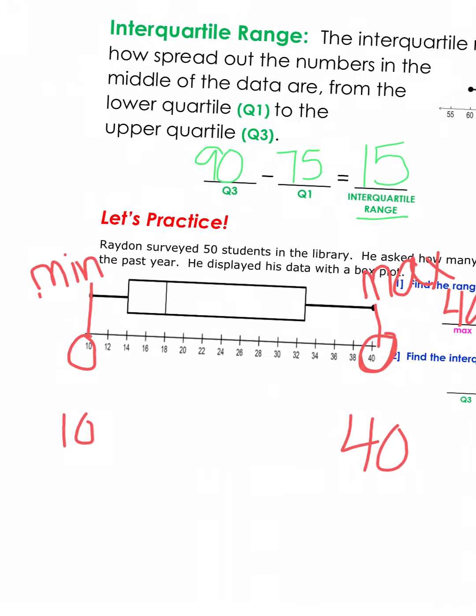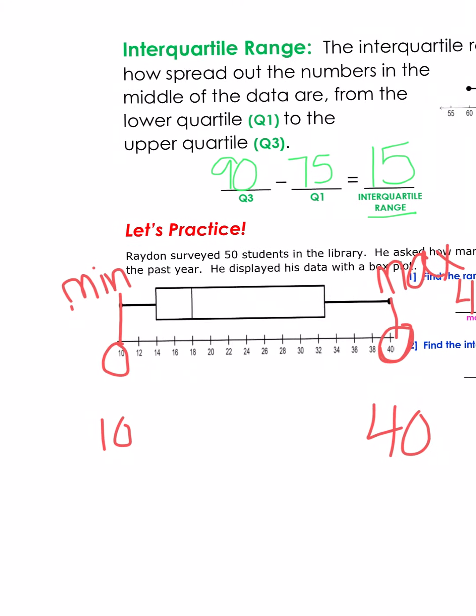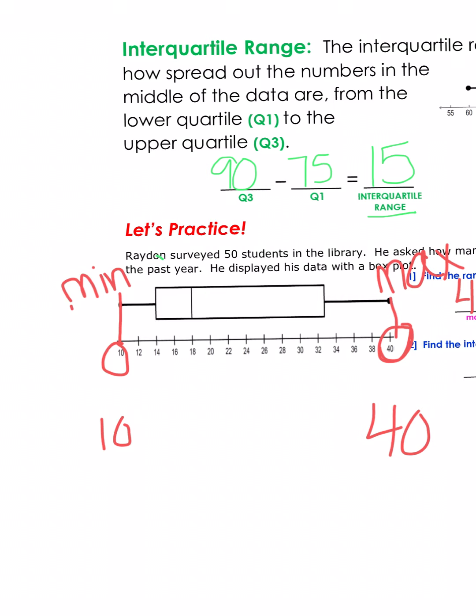So I'm going to label and find quartile 1, which is 14, and quartile 3 is the other end of the box, and quartile 3 I can see is 33.